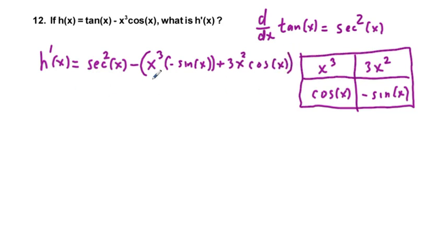Okay, so now we should just be able to simplify here. We're going to have secant squared x, and we're going to have minus minus here with this x cubed negative sine x, so that's going to be plus x cubed sine x, and then we're going to have minus this 3x squared, so we have minus 3x squared cosine x.